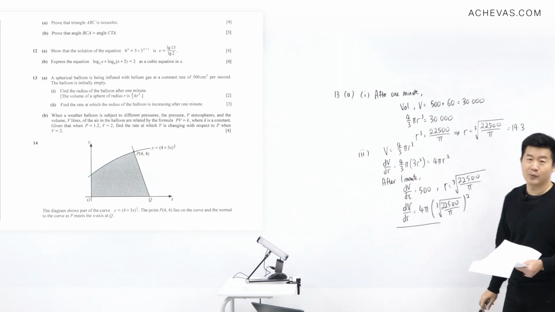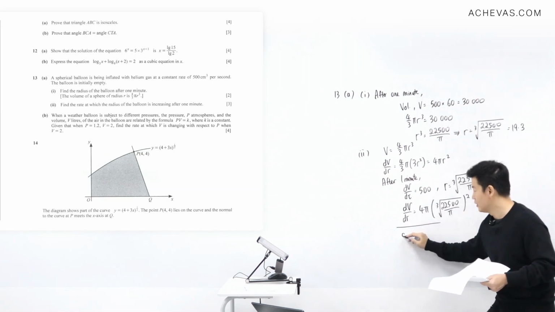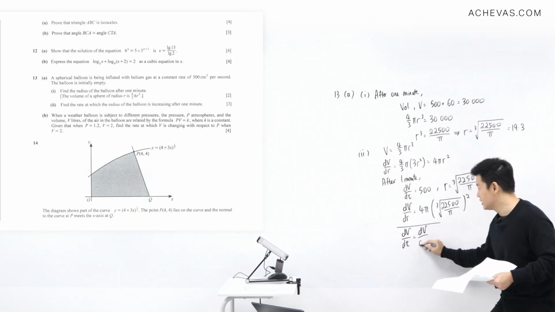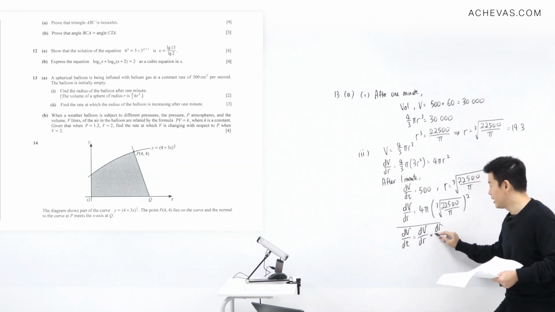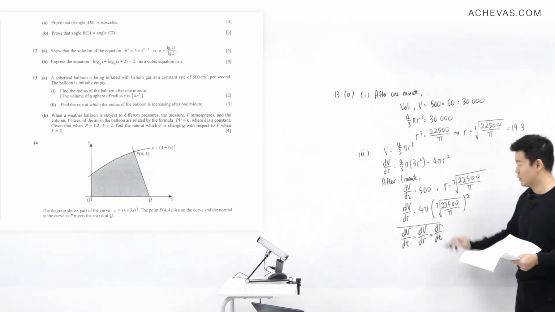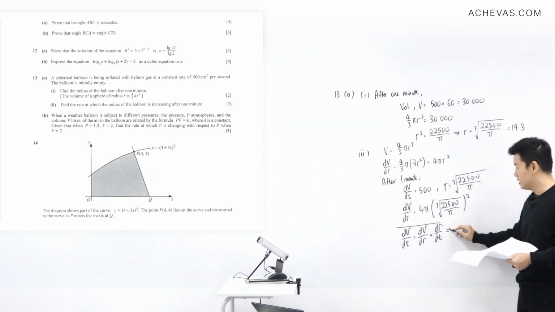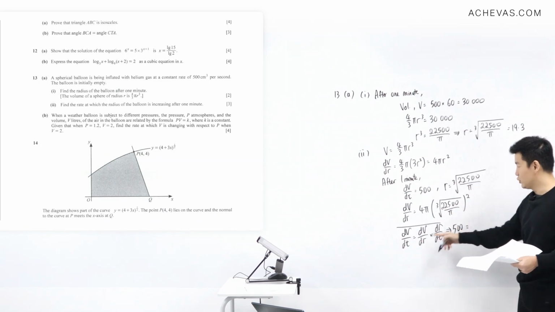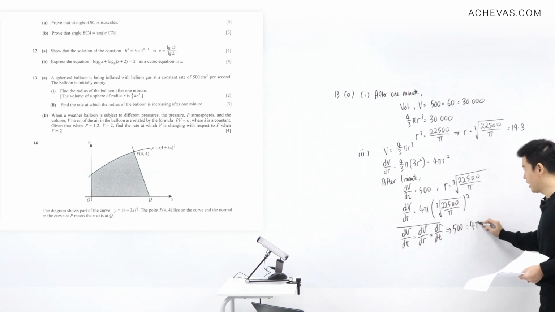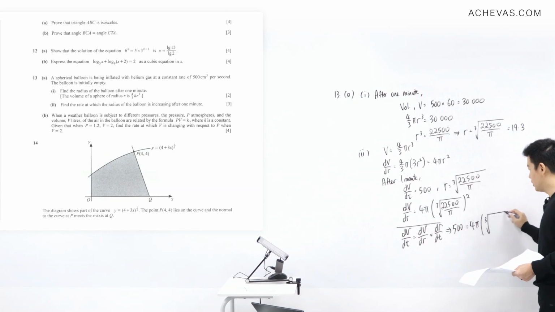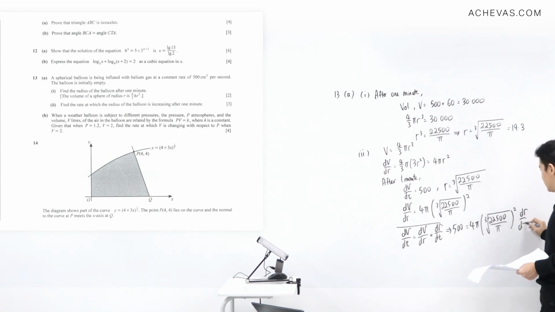And now I'm going to quote the rate of change equation, which is dV dt is equal to dV dr multiplied by dr dt. And this is what we are supposed to be finding. dV dt is equal to 500, is equal to dV dr, which is this, 4 pi, then the cube root of 22500 over pi squared, multiplied by dr dt.